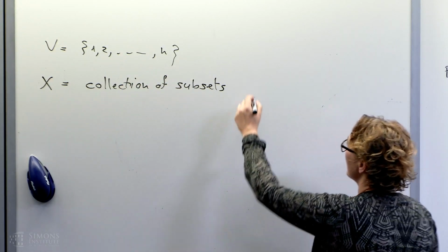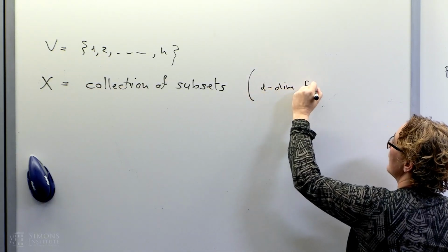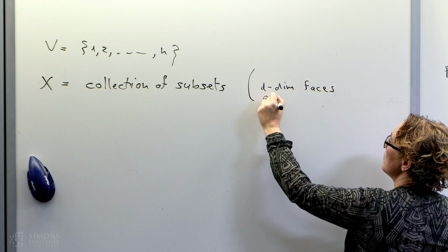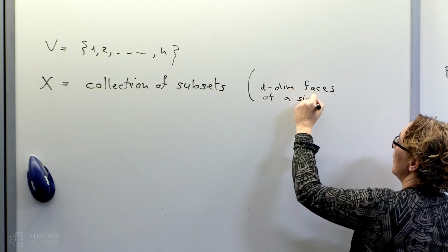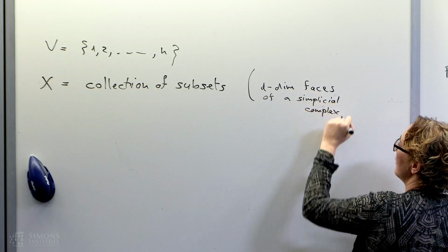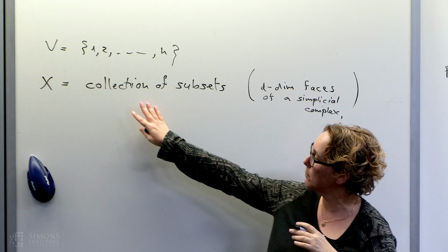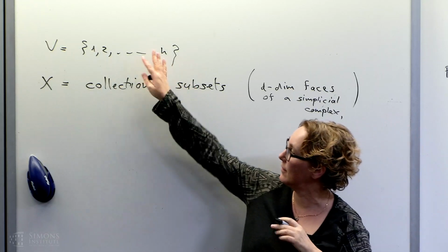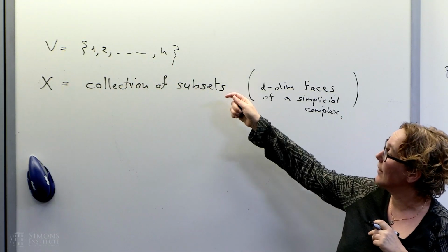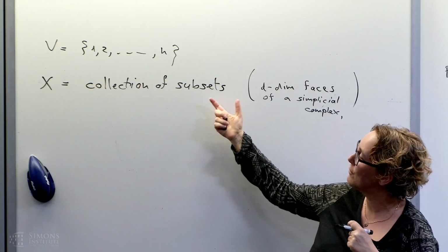Another way to think of it is, say, the d-dimensional faces of a simplicial complex. But if you don't want to think of a simplicial complex, you can just think of all possible subsets of size d.